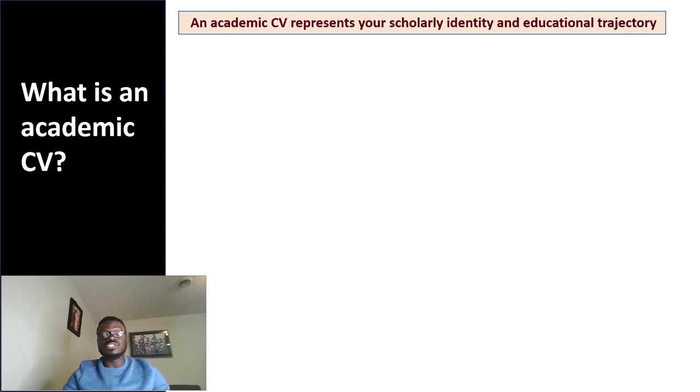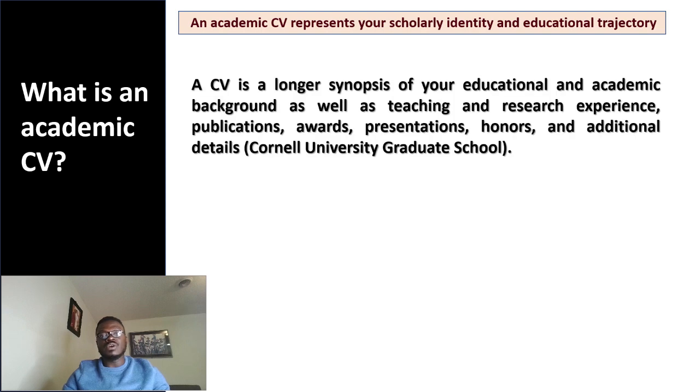Let's see the definition given to a curriculum vitae by Cornell University Graduate School. According to Cornell University Graduate School, a CV is a longer synopsis of your educational and academic background, as well as teaching and research experience, publications, awards, presentations, honors, and additional items. So this is a definition from Cornell University Graduate School.